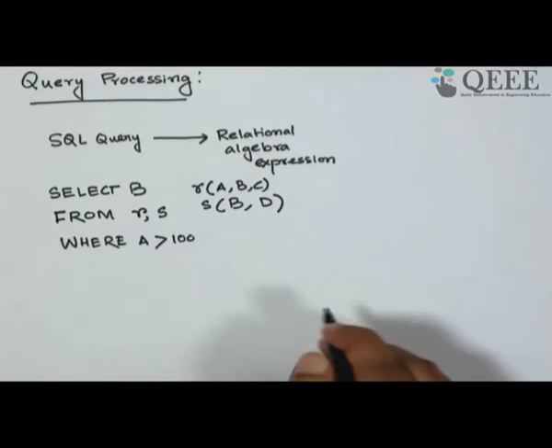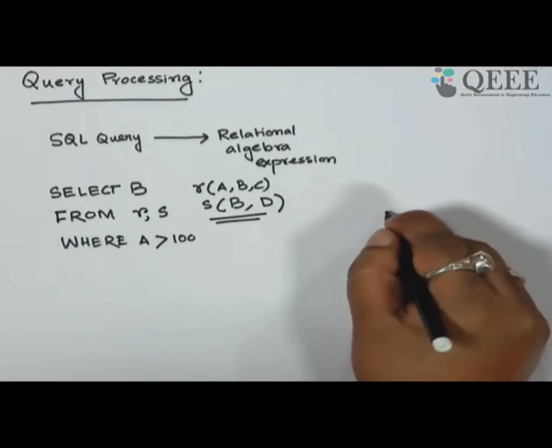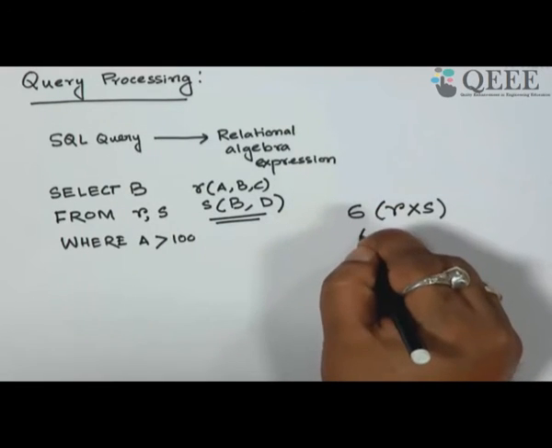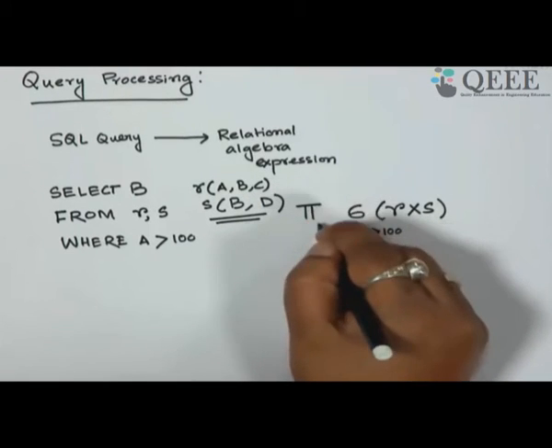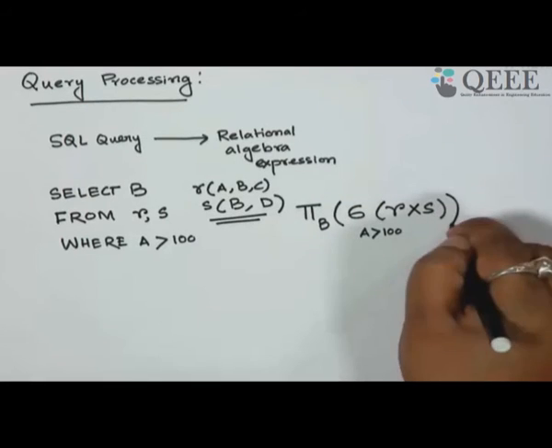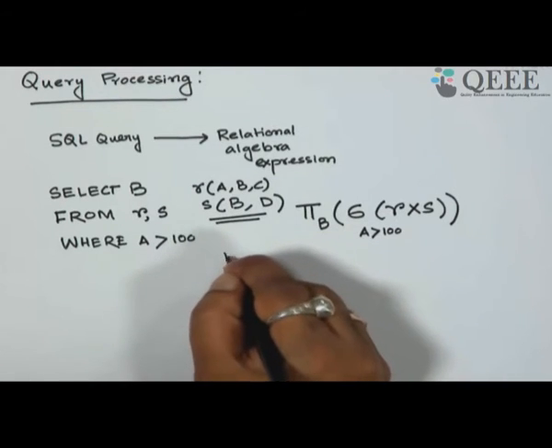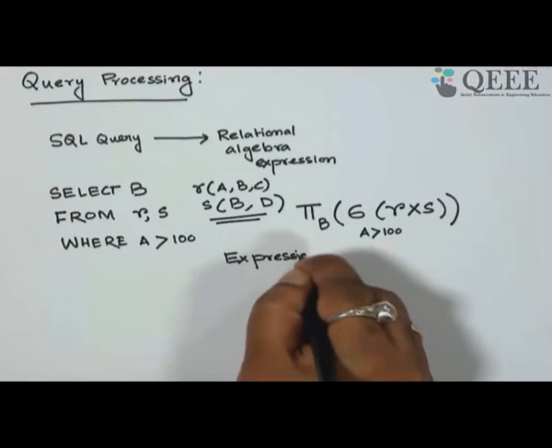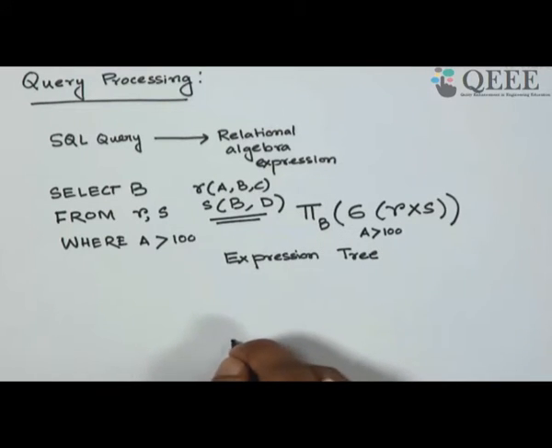So, what the query parser will do, and these are the tables, it will first convert it into an expression like this. So, this is the expression. It will write this expression as an expression tree.